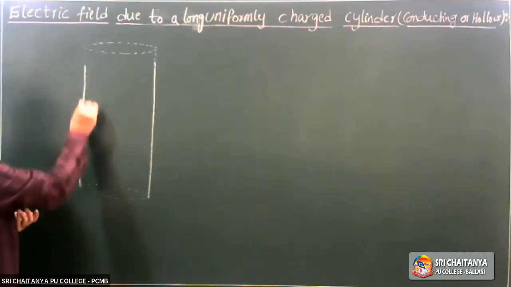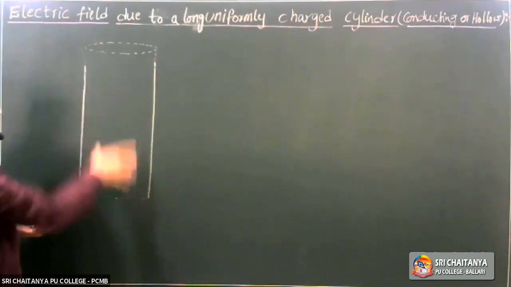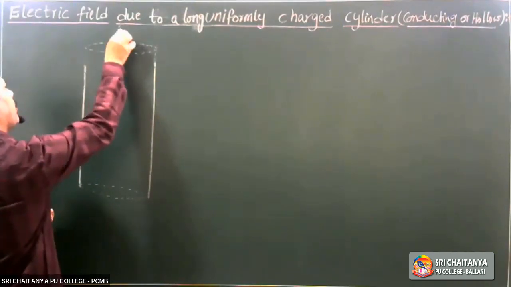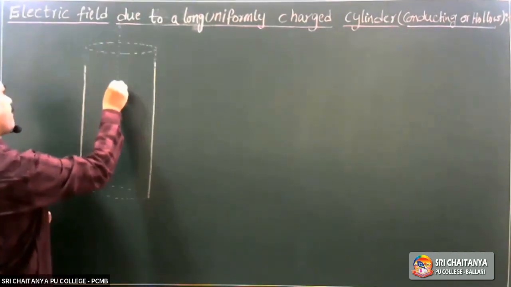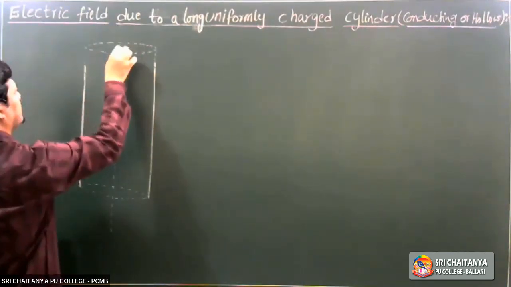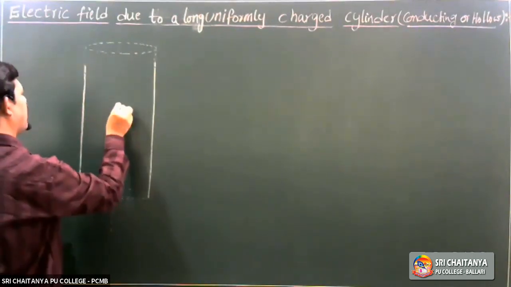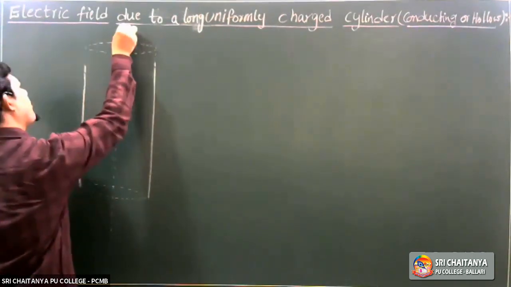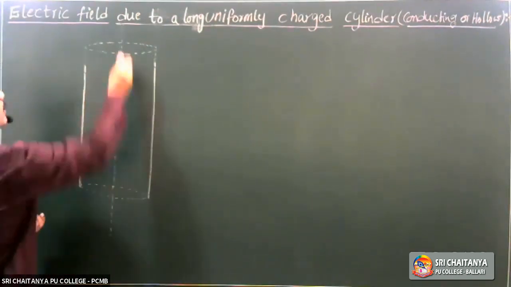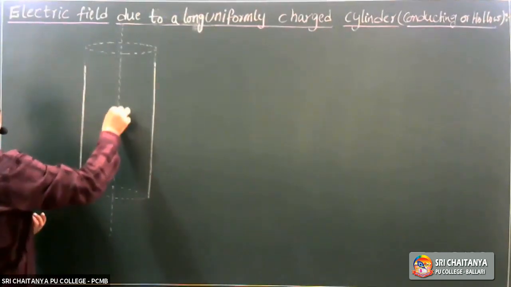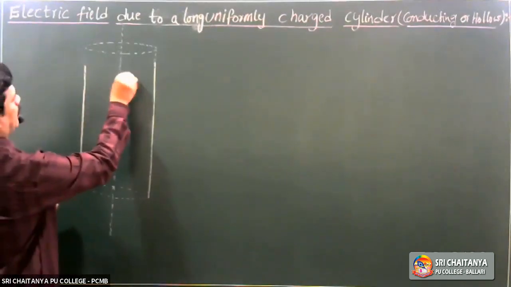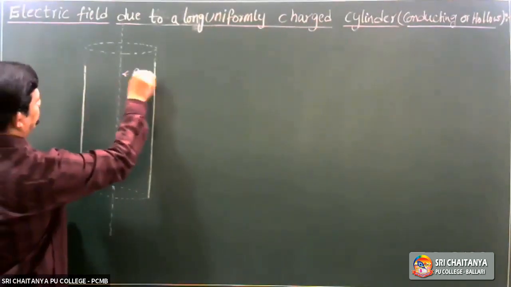So here, this is a cylinder, a long cylinder. This is the axis of the cylinder.